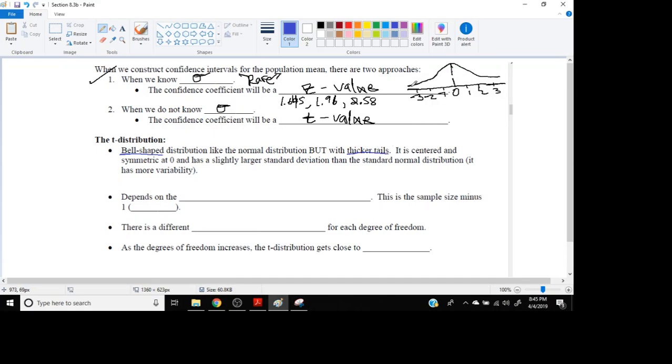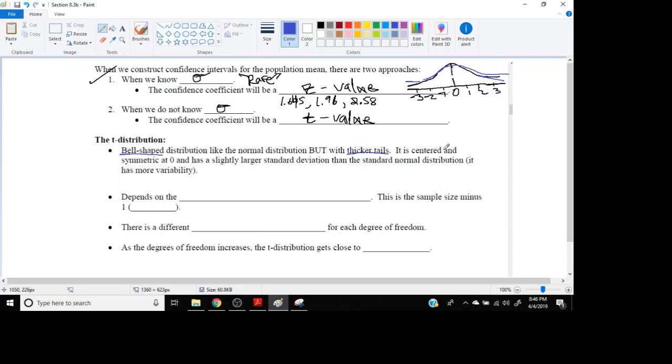And so where the tails on this distribution are close to our horizontal axis here, it's not kind of symmetric. The T distribution is going to have thicker tails, meaning the tails are going to be a little higher compared to our normal distribution. That is one fact about the T distribution.